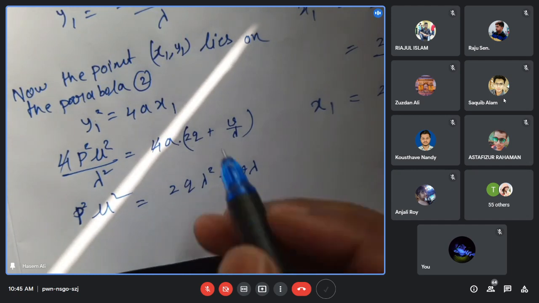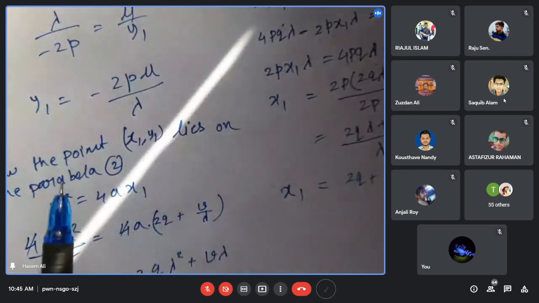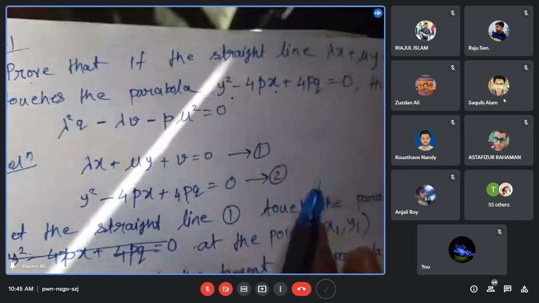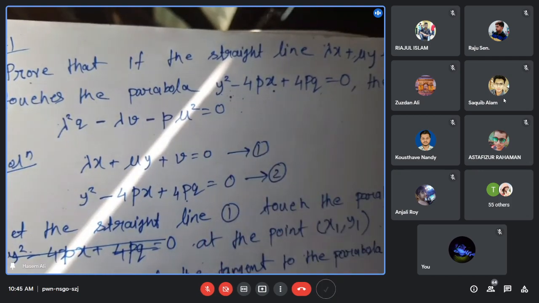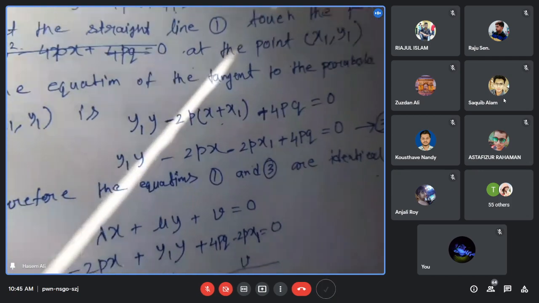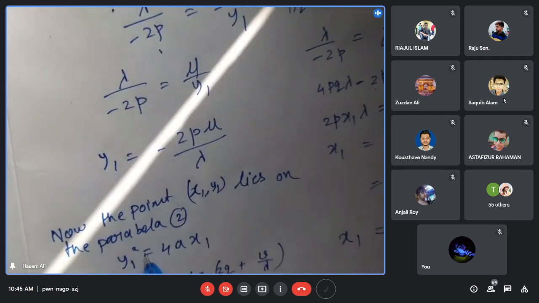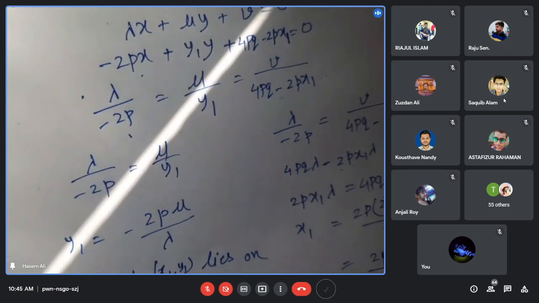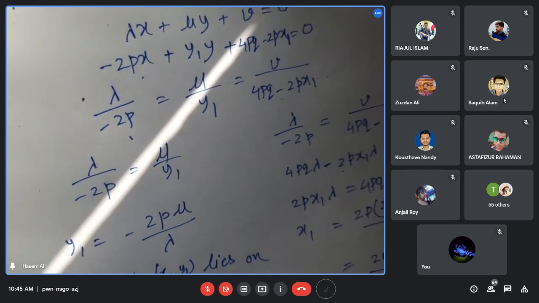Okay, there is a mistake. The curve is not this. The equation of the parabola is y square minus 4px plus 4pq equals to 0.